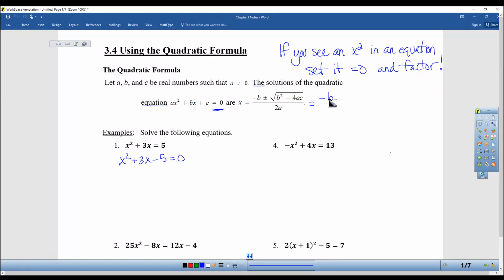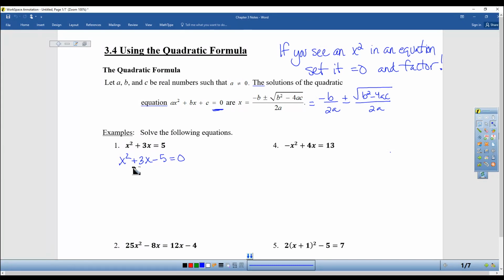Although I will tell you right now that some people get this wrong, and so some people choose to write it this way to make sure that they reduce the 2a correctly. You know, if people see a 4 and an 8, they'll reduce them, but you can't because of that plus or minus. So if you want to, you can separate it into two fractions, and then you can simplify.